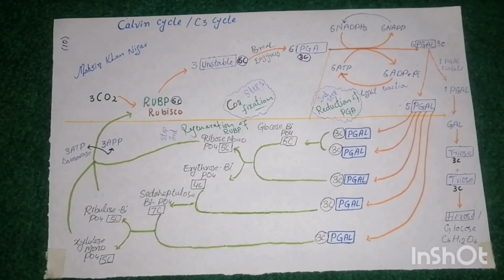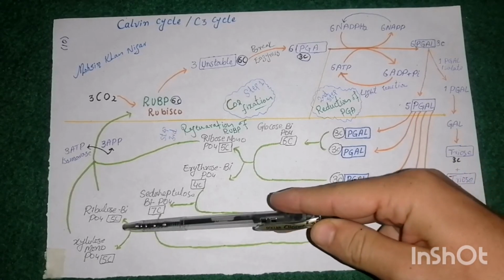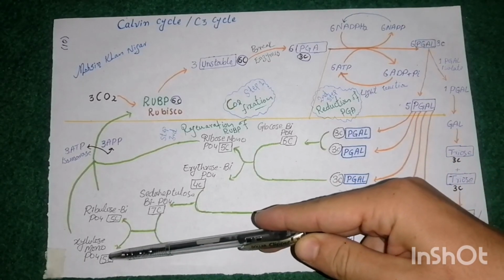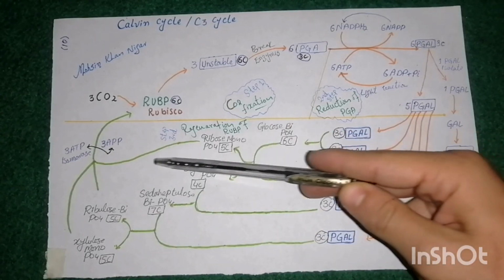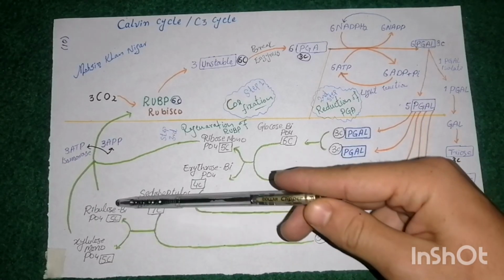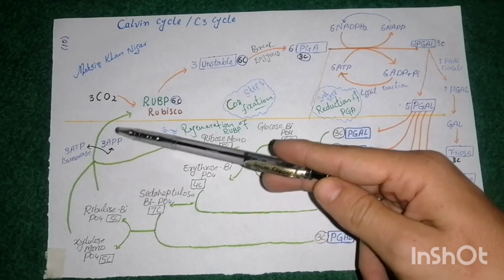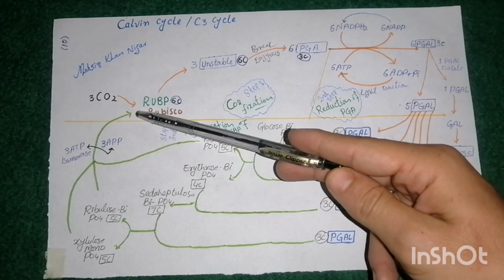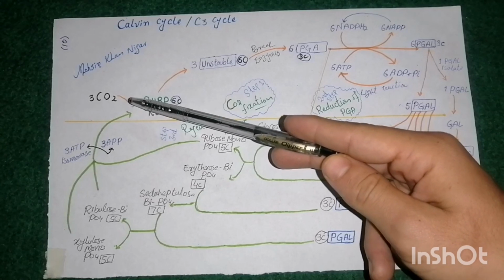In the regeneration of RUBP, you have noticed that 3 molecules of 5 carbon compound are formed: ribose monophosphate, which is 5 carbon, another ribose monophosphate, which is 5 carbon, and xylulose monophosphate, which is also 5 carbon. These 5 carbon compounds react with ATP to form ADP and regenerate RUBP, which is then ready for the fixation of carbon dioxide.